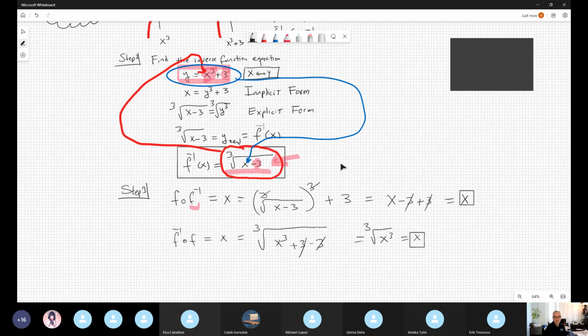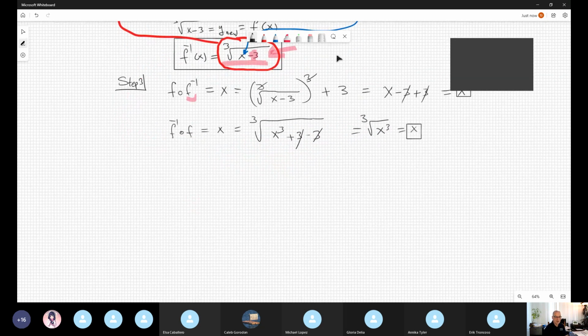Step 4, in this example, is determine domain and range. But domain and range of what? Of both. For the original function f and the inverse function, determine domain of f, range of f, domain of f inverse, and range of f inverse.